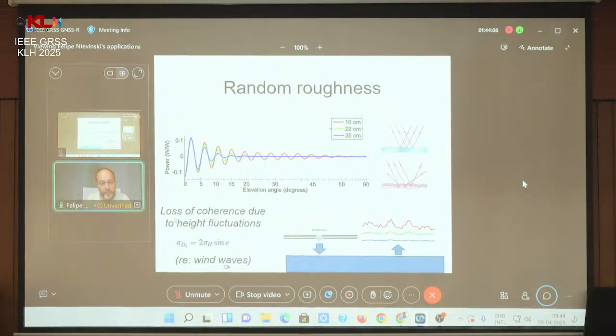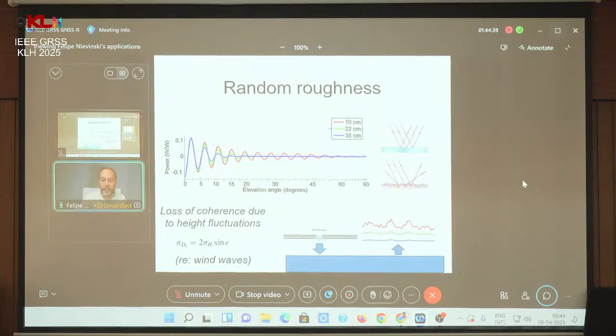And we can quantify this by this formula, which uses the standard deviation of the surface height, sigma h, and it is scaled by 2 times the sine of the elevation angle to get the variability in your interferometric delay.